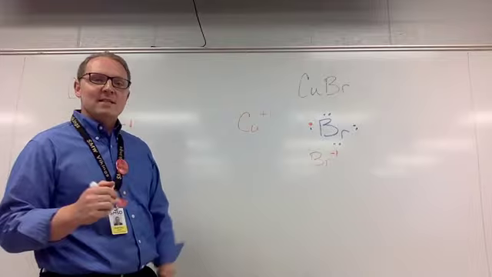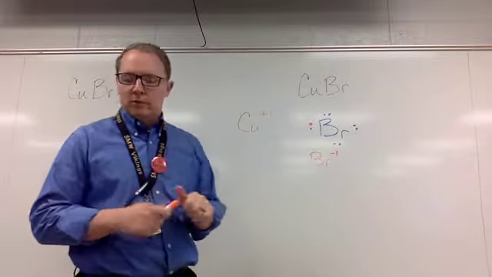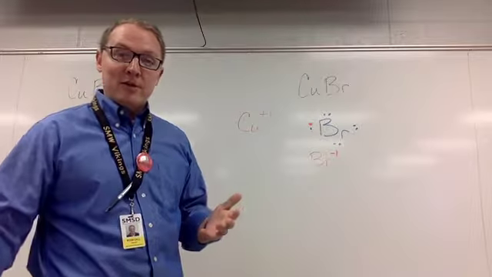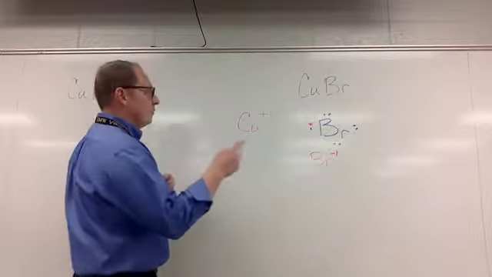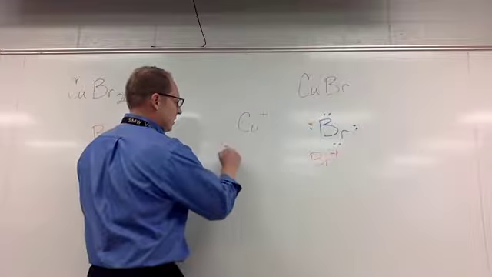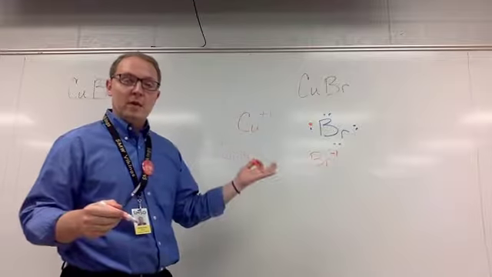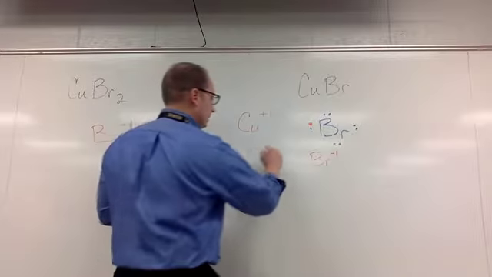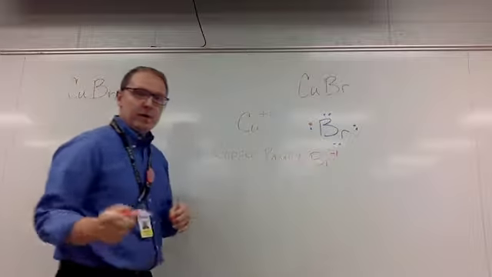So the name of this is not just copper bromide, but we use a Roman numeral to represent which copper it actually was. It was the copper that has a +1 charge. So we would apply rule number 1 and call this one copper. We'd apply rule number 2 and change bromine to bromide. These rules are in your naming booklet.